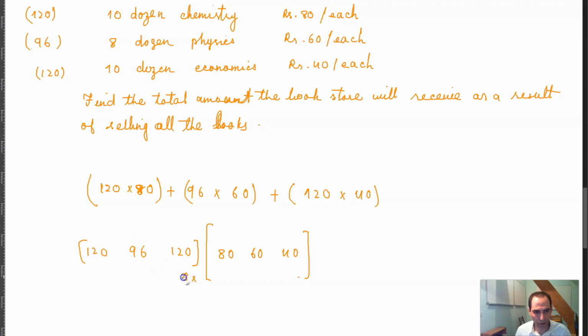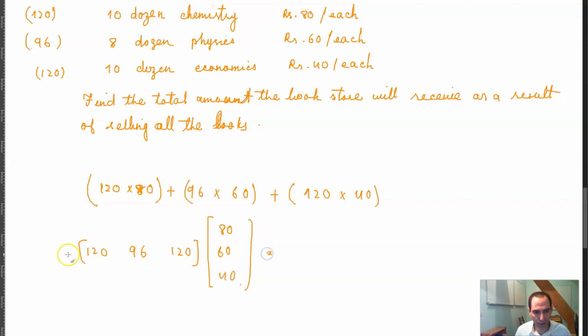Actually, that has to be a column matrix. I apologize. So this has to be a column matrix, which is 80, 60, 40.